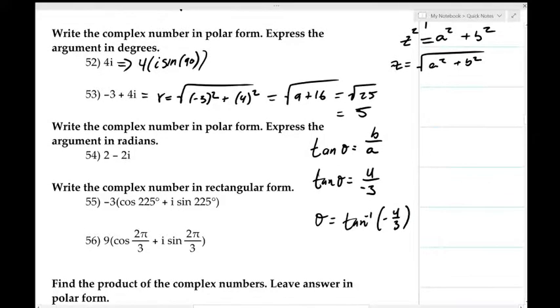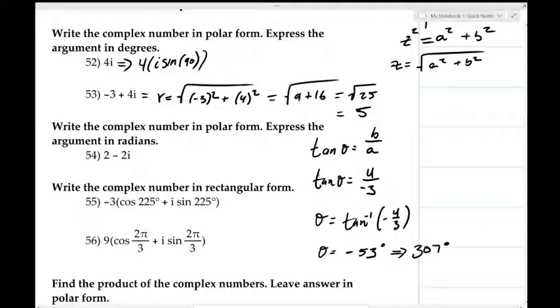Since we're doing it in degrees, then we get a theta being approximately negative 53 degrees. So if we want to put it in positive degrees, it will be 307 degrees, right?